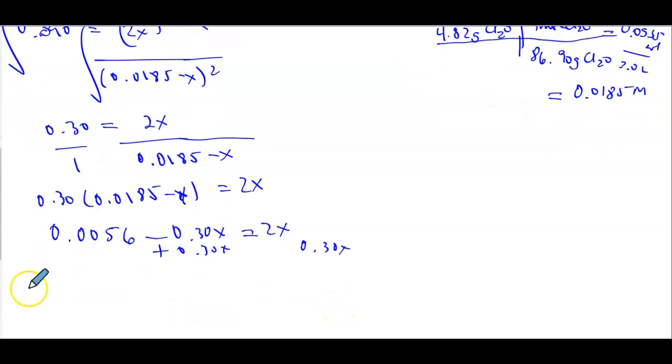So I get 0.0056 equals 2.30x. Continuing to solve for x, I just divide both sides. 0.0056 divided by 2.3, and x equals 0.0024. So now I have a value of x.